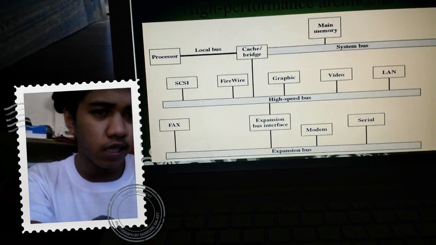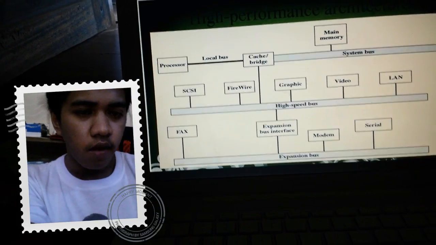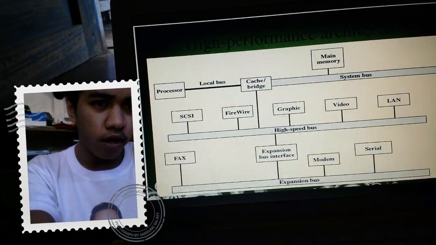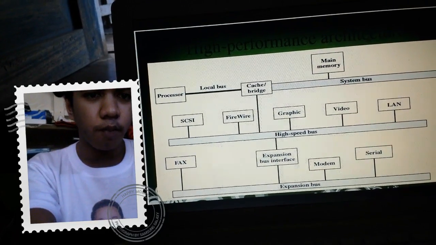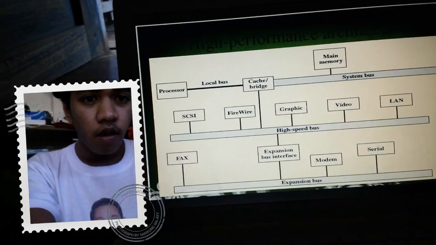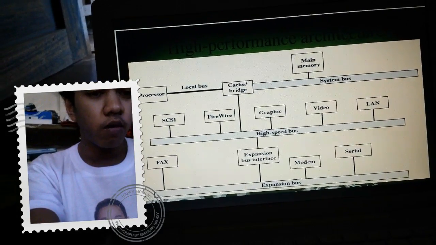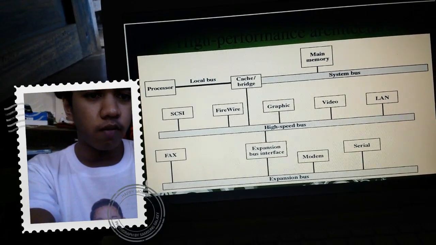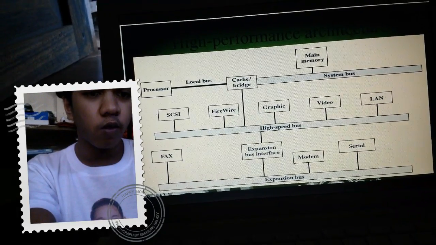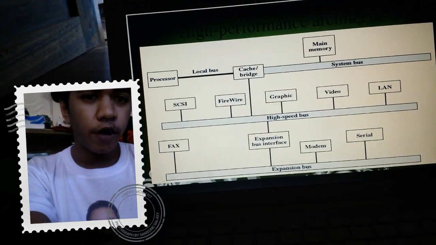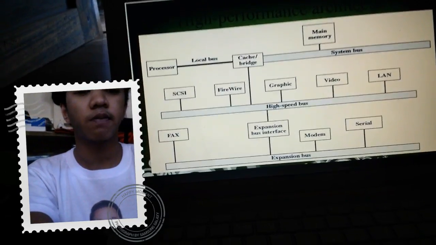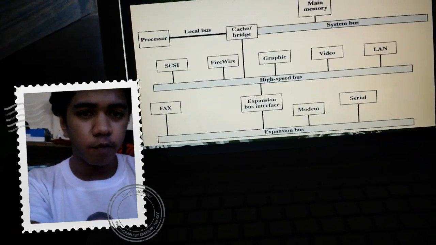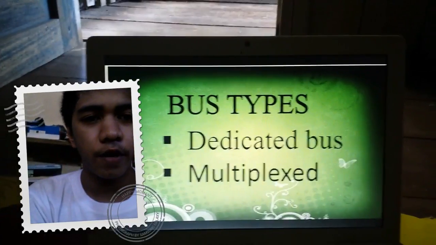In traditional bus architecture, the cache is connected to the system bus, but here in high performance architecture, it is directly connected to a high-speed bus, which supports SCSI, FireWire, graphics, video, and LAN. The high-speed bus is connected with the expansion bus interface, which supports the low-performance components such as modem and serial. That's all about high performance architecture.